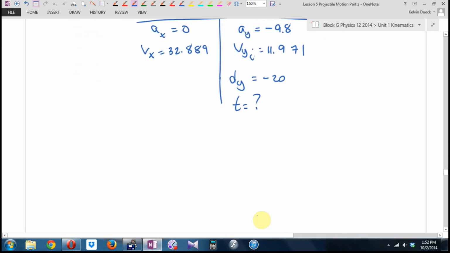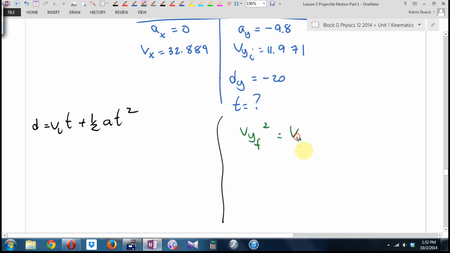For those of you who wish to do the quadratic method, for those of you who wish to do the find Vy final method, scribble out the squared.